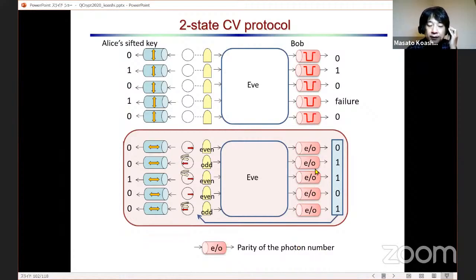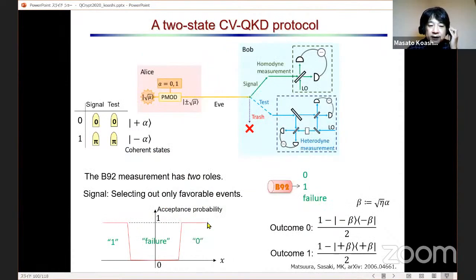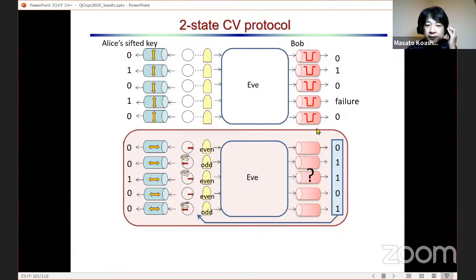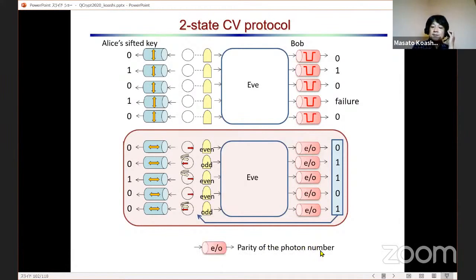This is because as long as this acceptance function is an even function, with fixed parity, the failure measurement operator commutes with the even or odd photon number observable. So you can assume that Bob could have done this parity measurement here.